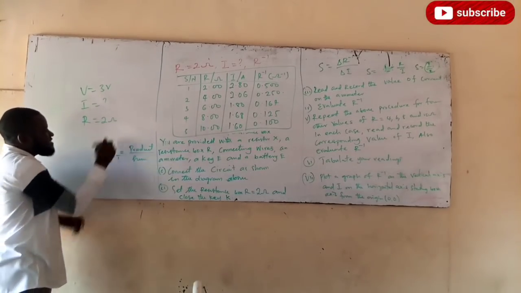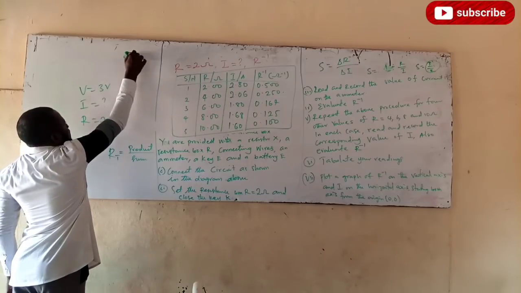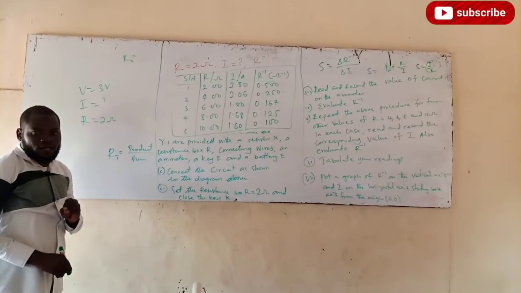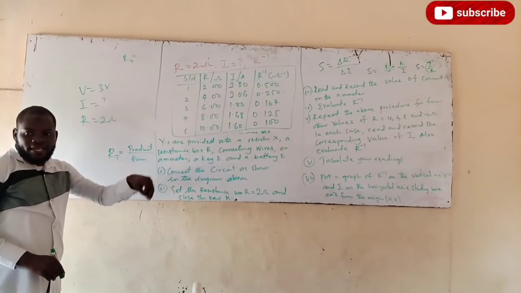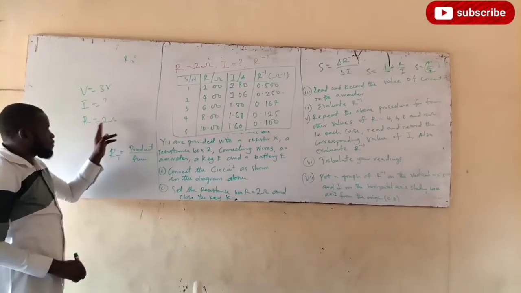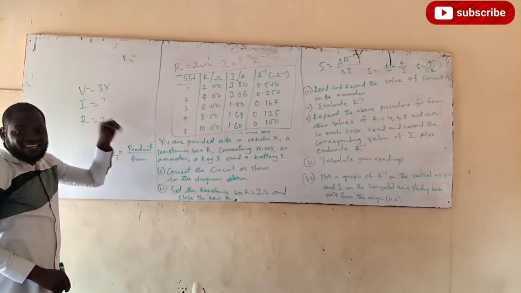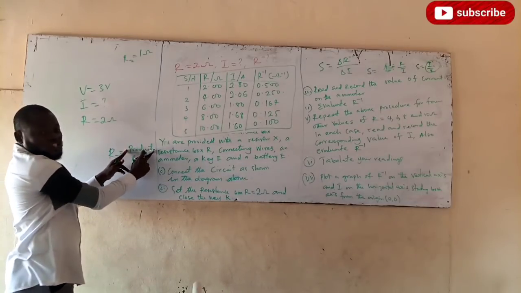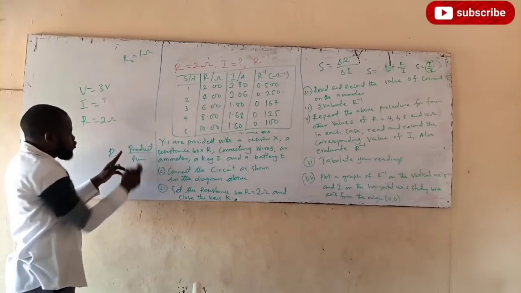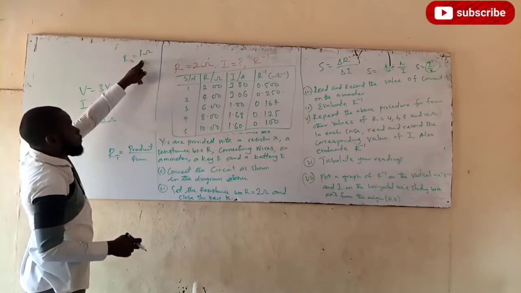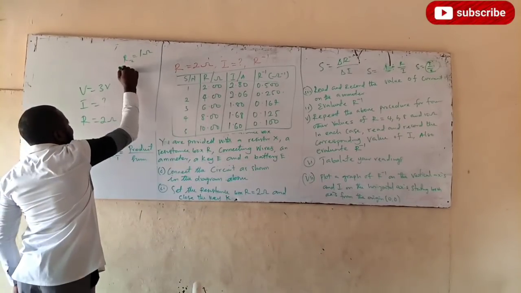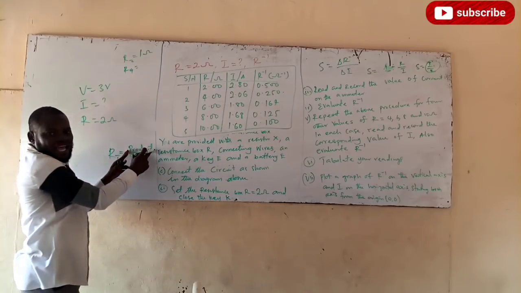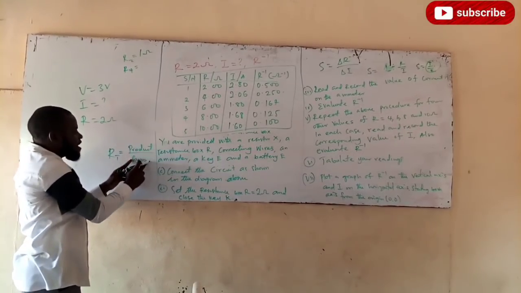Therefore, when the resistance is 2 ohms, the total resistance in that particular circuit is going to be 1 ohm. That will be 2 times 2. Remember, my X is 2. 2 times 2 divided by 2 plus 2. That's 1 ohm. When the resistance is now increased to 4 ohms, that will be 4 times 2. That's 8 divided by what?